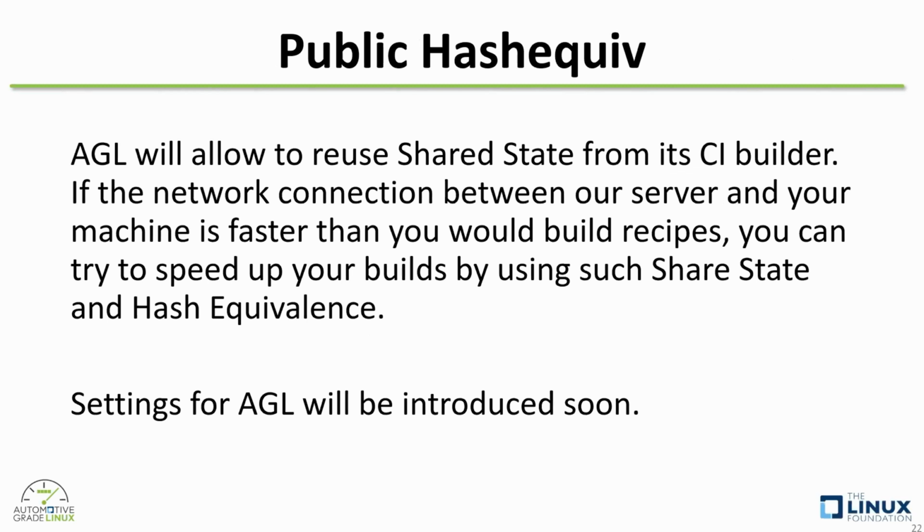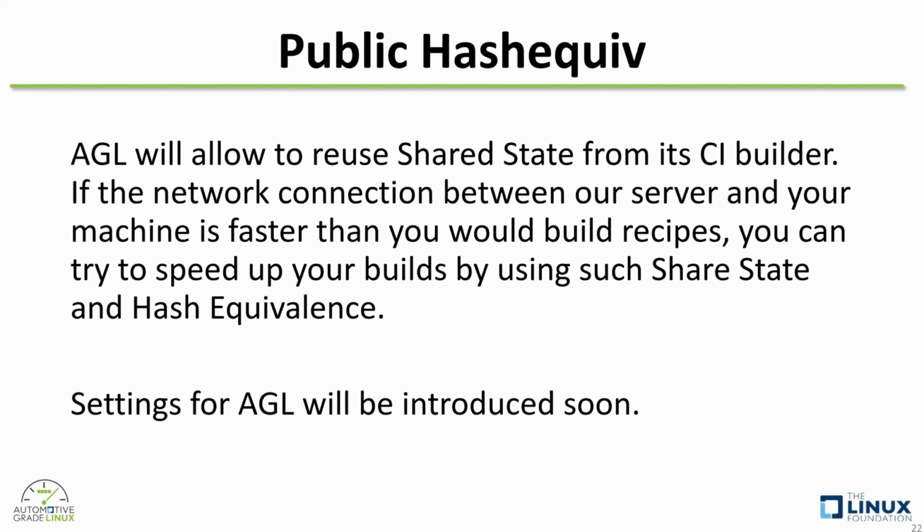We already have a shared state cache that's filled by the CI builder. To make this even more useful, we will introduce the read-only PR and the read-only Hashequiv service. What does that mean? If your network connection is faster than you would be able to build the recipes, you can speed up your builds by downloading the artifacts.